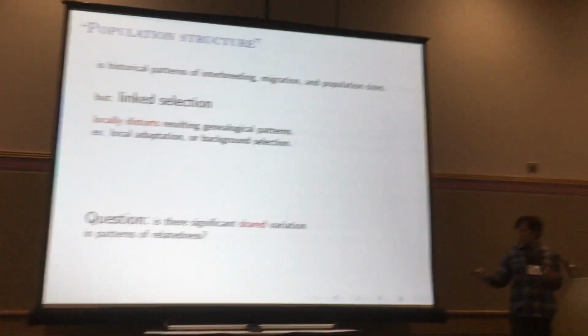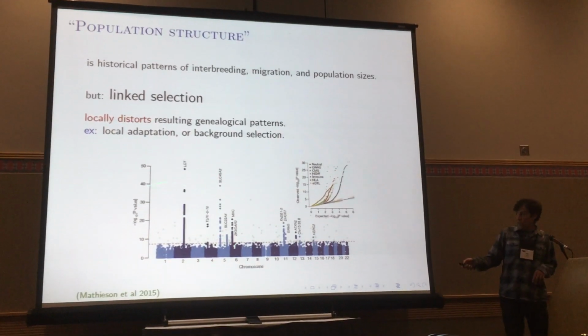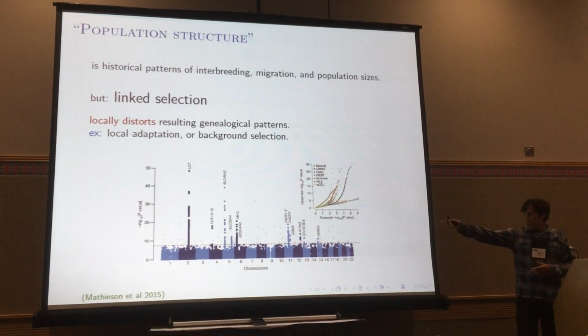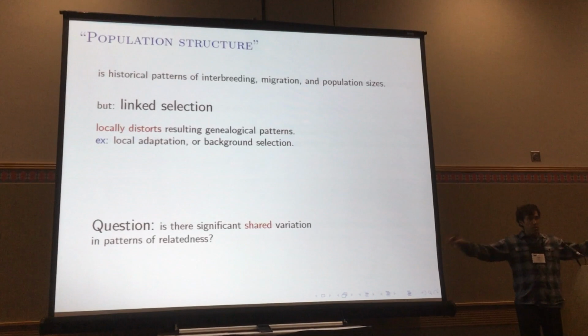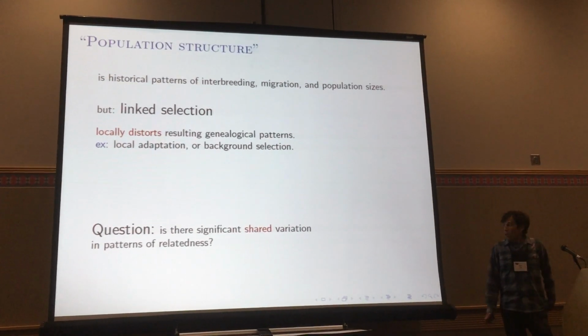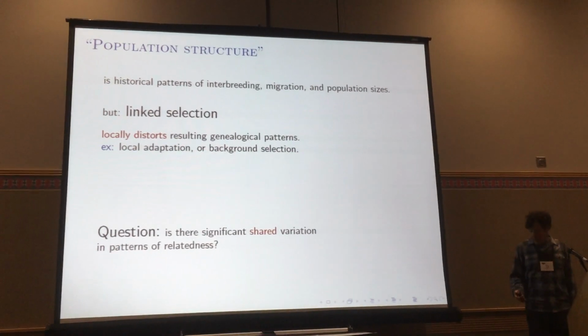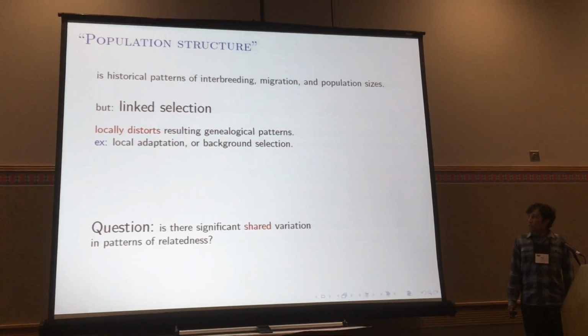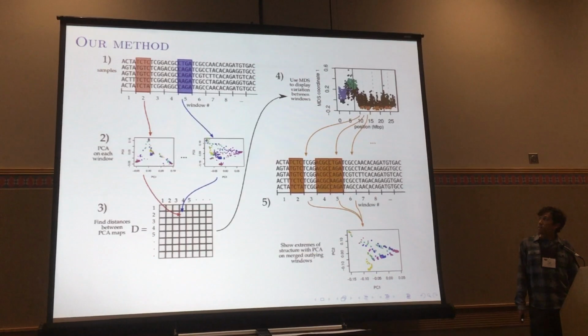These are little windows of isolated, really weird patterns of relatedness, but is there larger scale shared variation on the chromosome scale? That's the motivation. So to have a look at this is what we did.